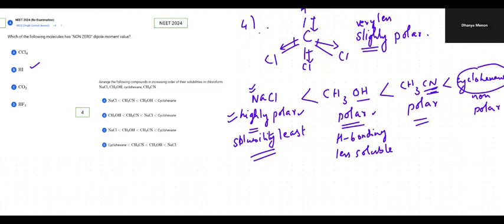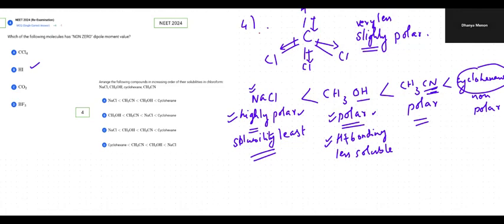Then the next less soluble substance will be the alcohol, because alcohol is polar as well as it will form hydrogen bonding. So this hydrogen bonding has to break first in order to be soluble. It will also be less soluble but more soluble than NaCl.